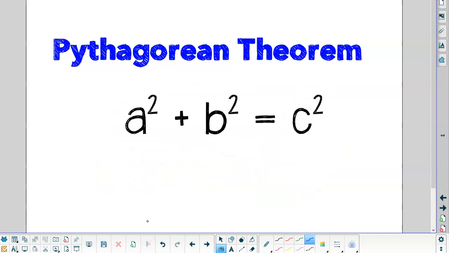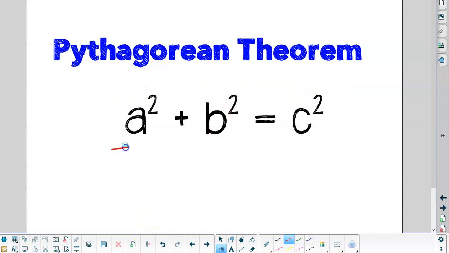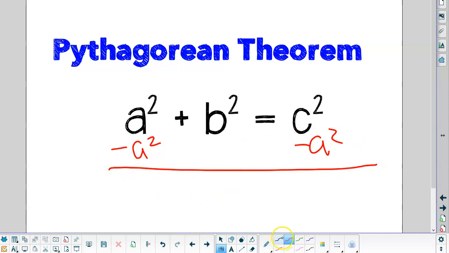The second day of our lesson, we were looking for a missing leg. Now, if I'm looking for a missing leg, say the letter B, then square rooting both sides will still not get B by itself. So we had to manipulate this formula a bit by subtracting a term from both sides. Once we did that, we were able to isolate that missing leg.